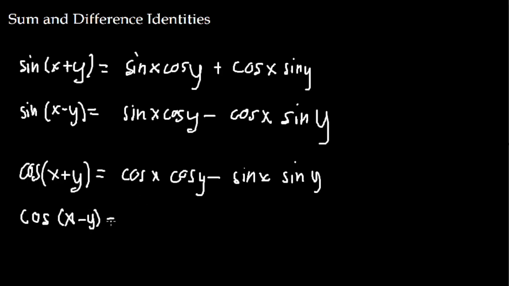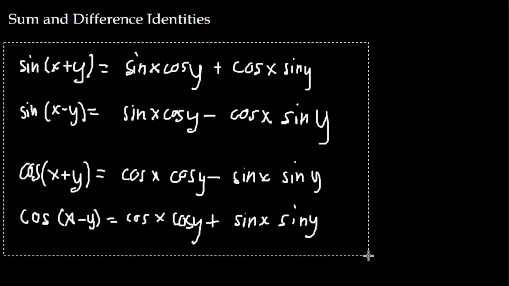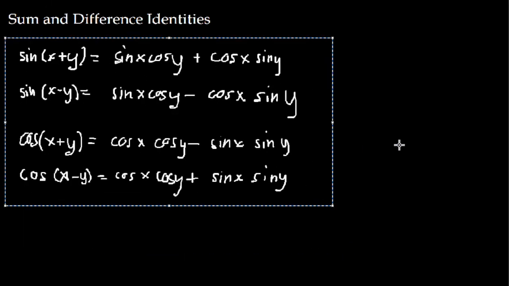So, ang pattern natin is cos cos, sine sine. And since ang operation na ginamit natin is subtraction, ang magiging sign nito is addition. Now, let's write xy, xy. And that's our sum and difference identity for cosine.